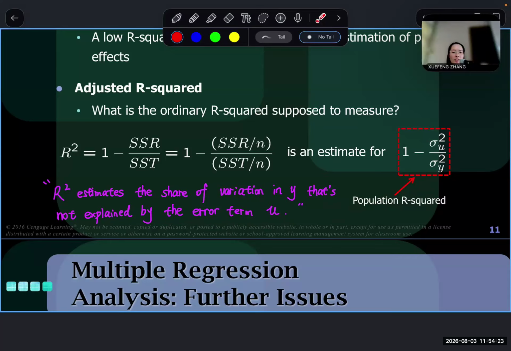For example, the share explained by our X at the population level.